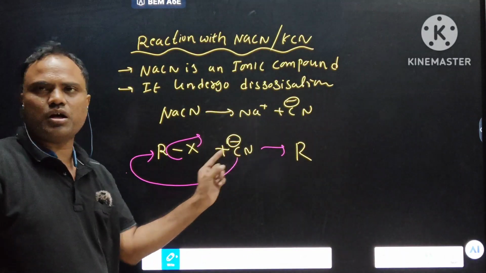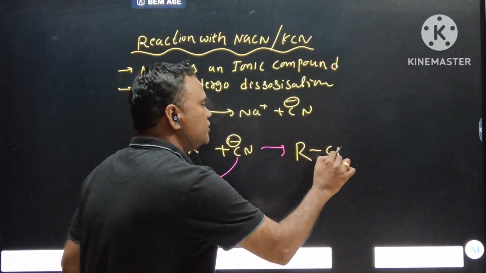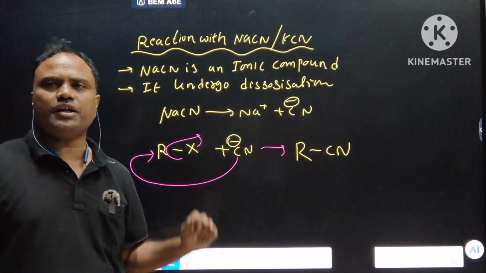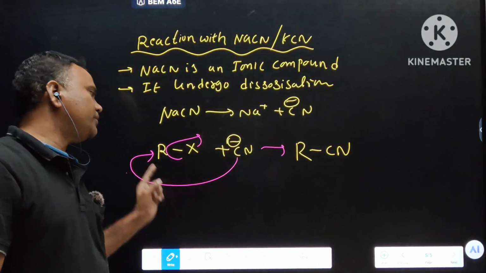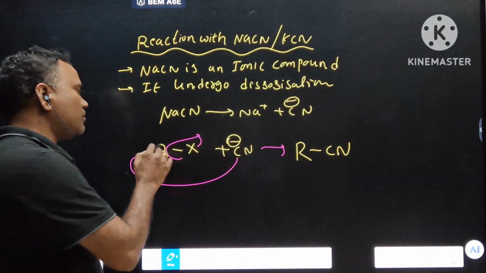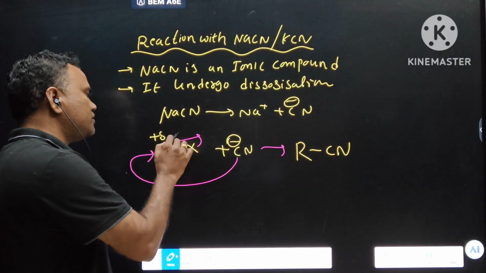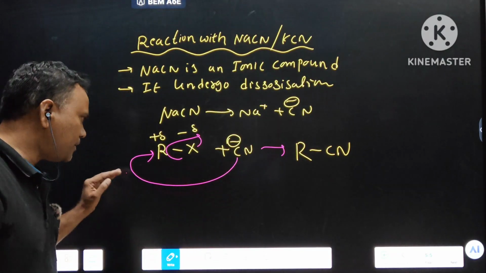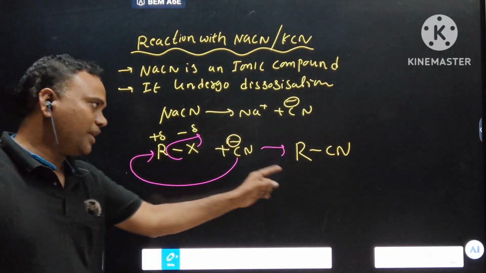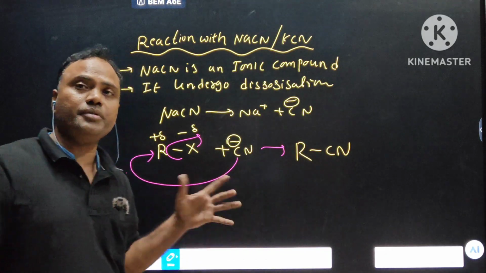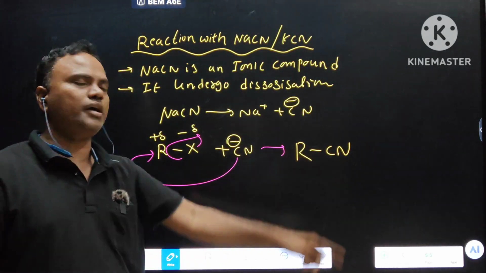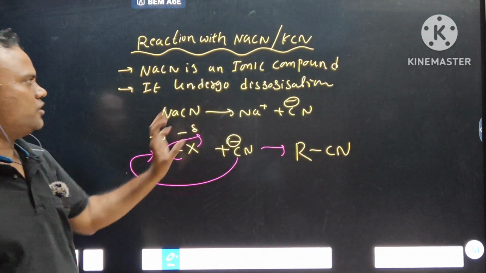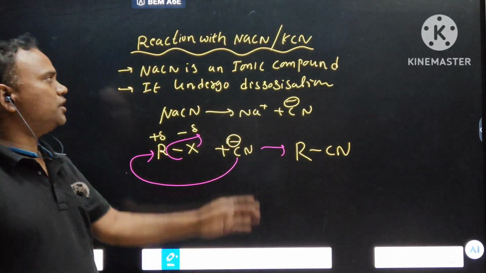Carbon is linking because carbon is having negative charge. So CN. Since carbon is getting negative charge, carbon is giving electrons to the alkyl carbon. This is positive actually. This is negative. Halogen is negative. This negatively charged carbon is linking with R. That's why RC, not RN. Be careful. R-C bond N. Clear? So this is important. Ionic nature, dissociating, that is important.